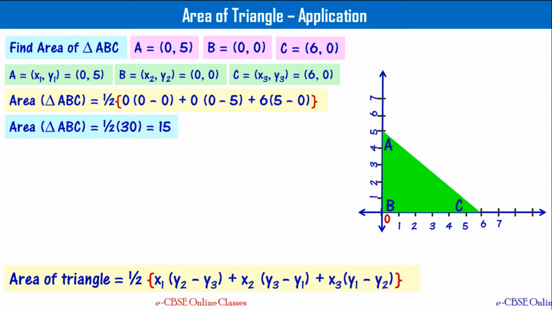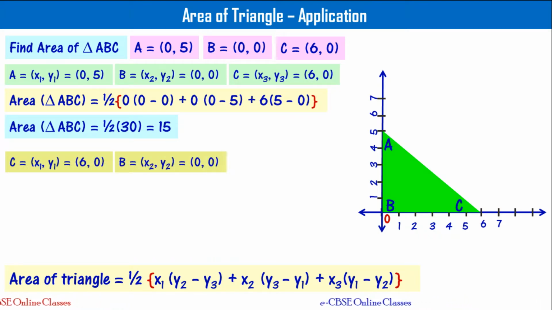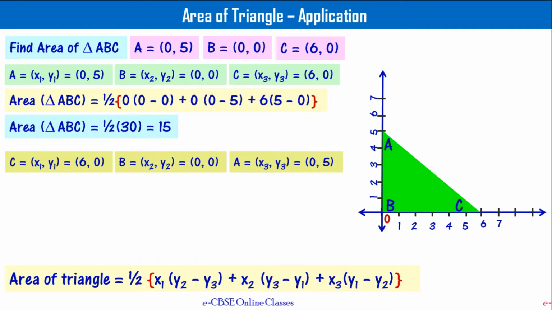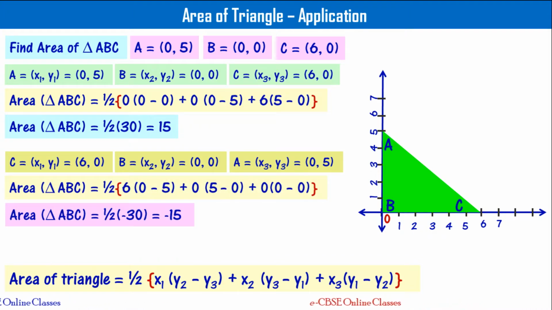Now, instead of considering A equal to (x1, y1), if I say that C equals (x1, y1), B equals (x2, y2) and A equals (x3, y3), and if I substitute these into area of triangle formula and simplify it, I get area of triangle ABC equal to minus 15 square units.